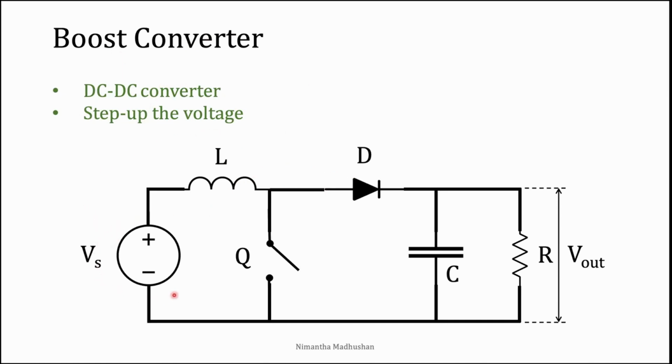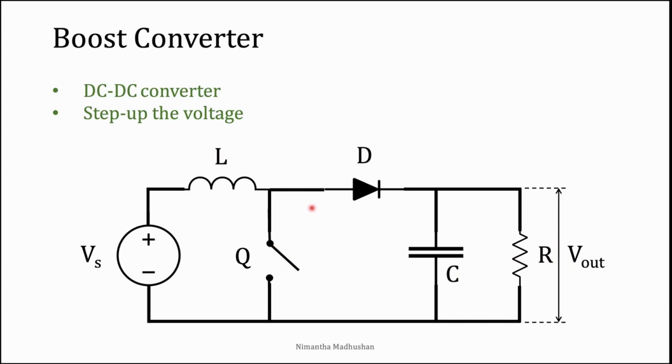We have the voltage source, which is the input voltage, an inductor, a diode, a switching element named Q, a capacitor, and our load denoted as R. The components are similar to the buck converter.